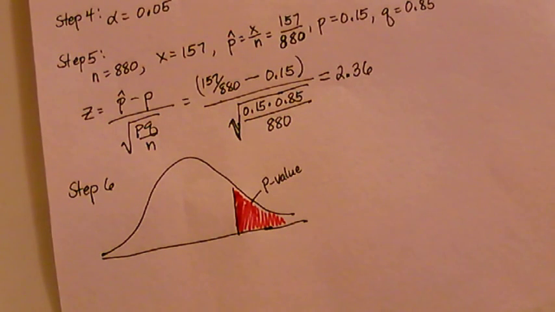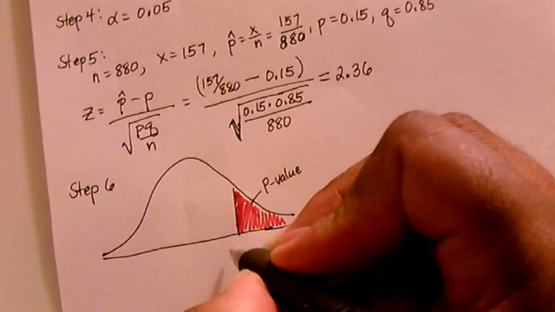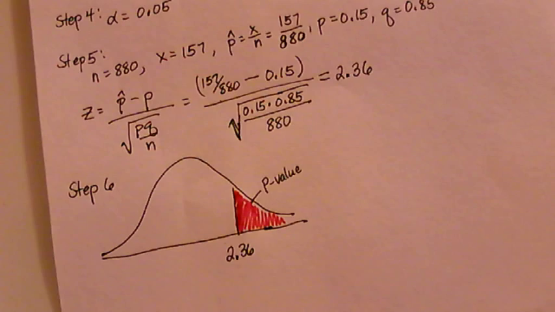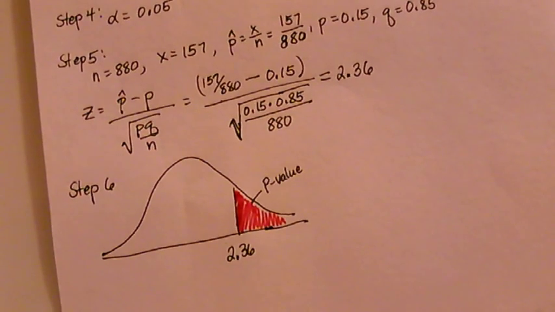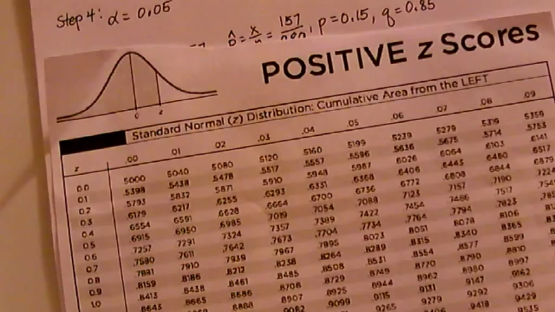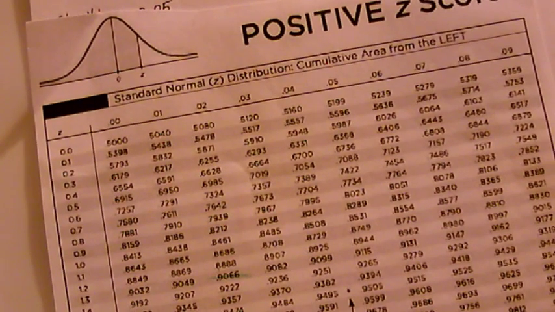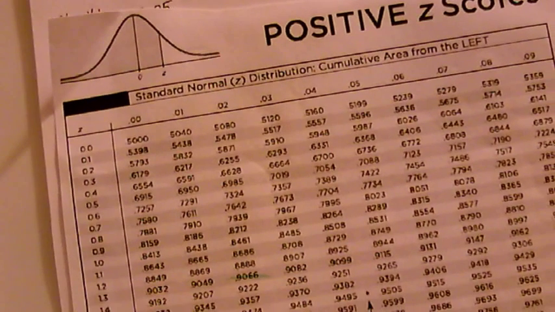And by the way, this is 2.36 here. Now, if we use that standard normal distribution table, we're going to get the area to the left. So for the area to the right, you have to do 1 minus whatever that area is to the left.